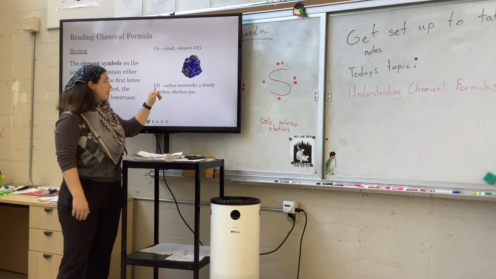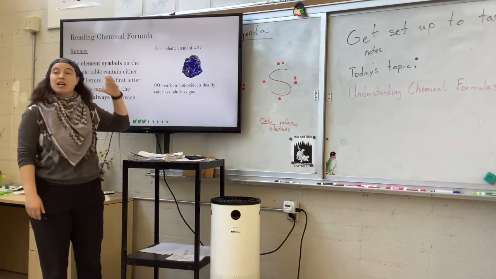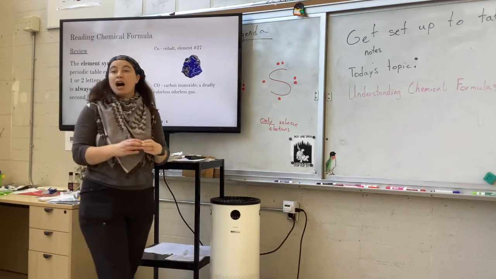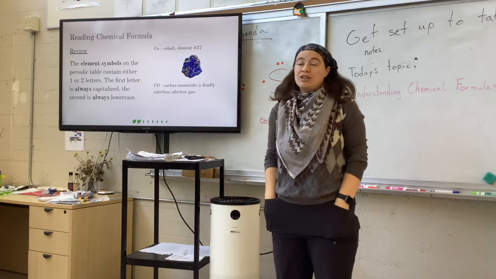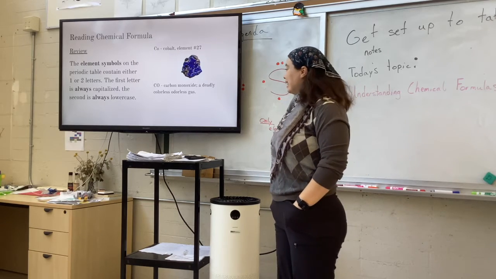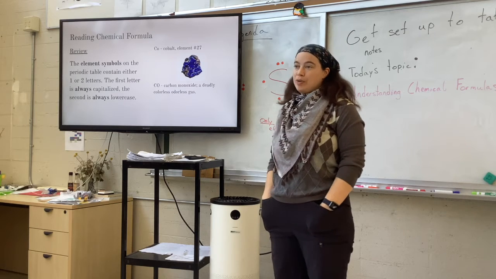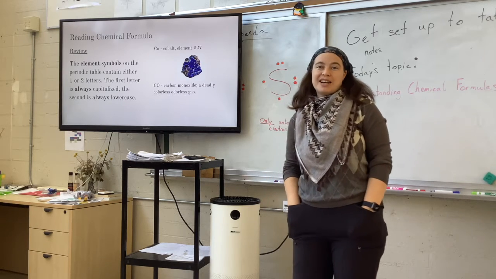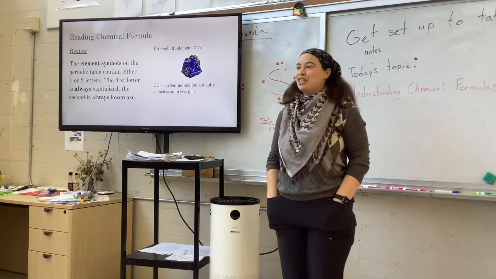But if it's a capital C and then a capital O, these are two different elements. That would mean a carbon bonded to an oxygen. That's carbon monoxide, which is a colorless, odorless, deadly gas that's very bad if it's floating around inside your home. Carbon monoxide is created when you burn fossil fuels inside of enclosed spaces.